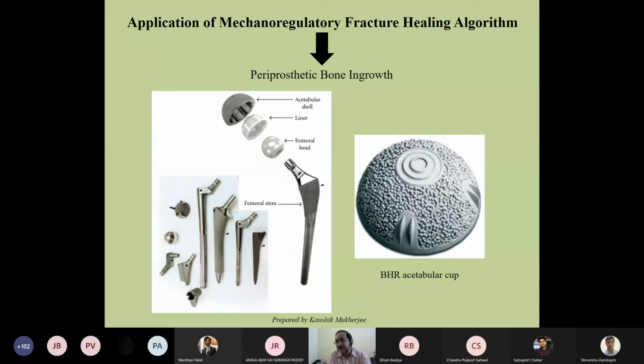We had done some work on acetabular implants, pelvic bone replacement. So to start with, our focus area was the acetabular prosthesis.